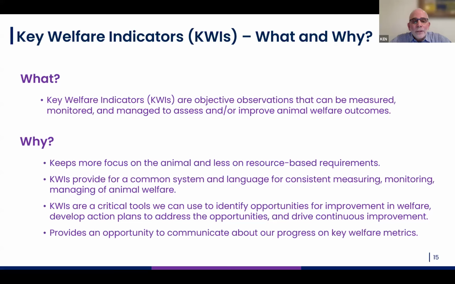And why are they important? Well, they keep the focus on the animal and less on resource-based requirements. There's a lot of pressure, as an example, to change stocking densities in poultry or use specific breeds with different characteristics. But those don't necessarily change the welfare state of the animal.